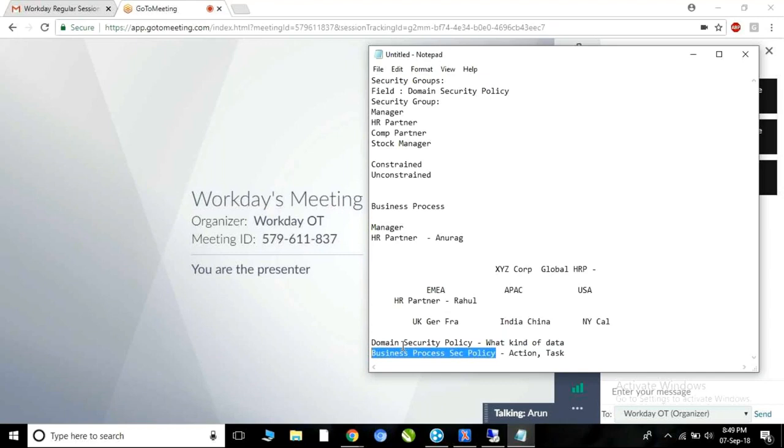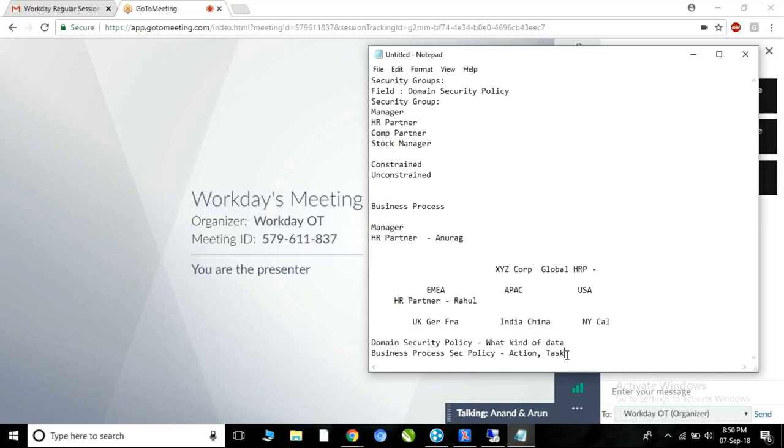Got it. Now Arun, I have one query. For example, I have two types of security group: HR executive and HR manager. I have a CEO and CTO also working in the same organization.